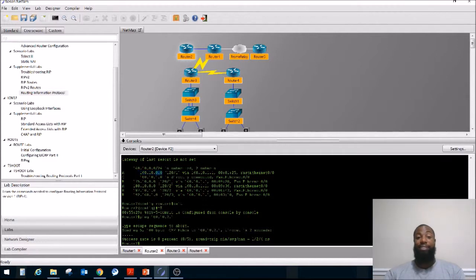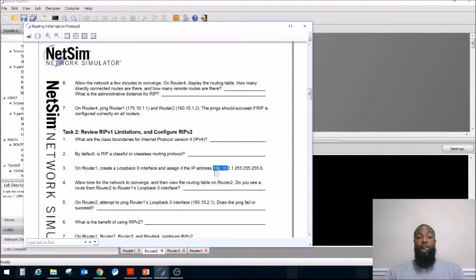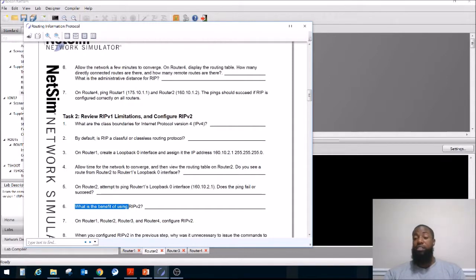So that's really /16, not /24, which is a classful address. So I don't know why it should have went. But anyways, it fails. What is the benefit of using RIP version 2? Well, it converges faster. You can do variable length subnet masking. You could do classless addresses.